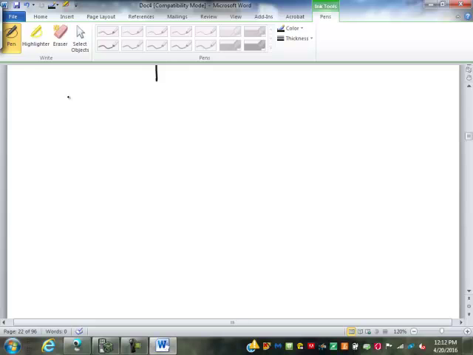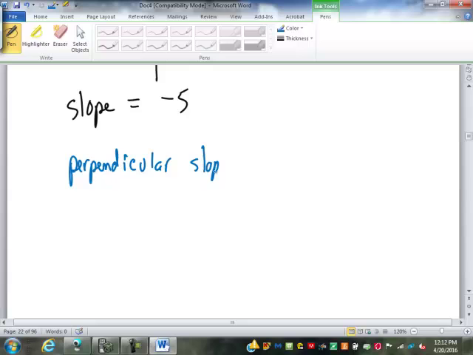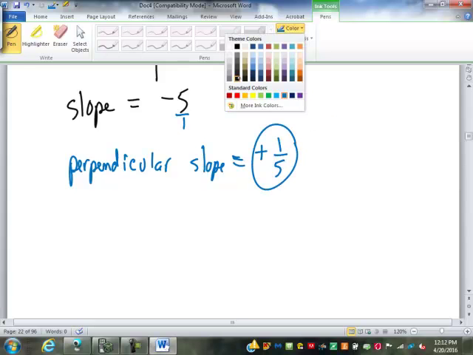So if I have a line with a slope of -5, the slope of the perpendicular line is going to be the opposite of that, so it's going to be positive. The reciprocal, well, this would be -5/1 to make it a fraction. So it'd be a positive 1/5 is the slope of the perpendicular.